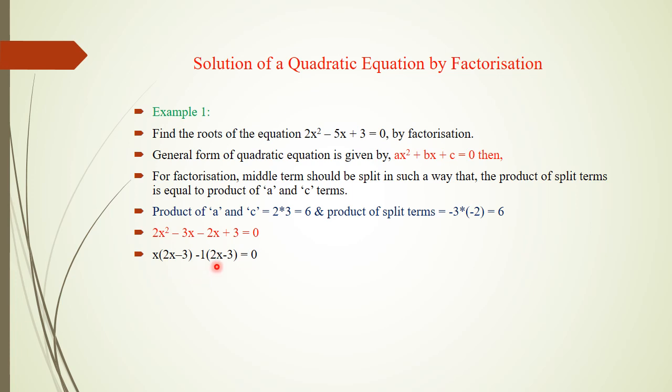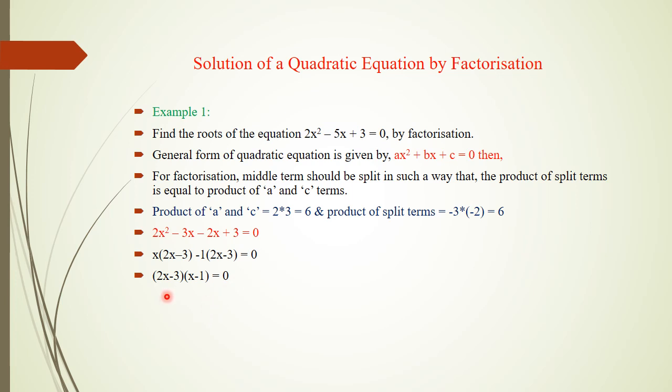Among these two terms, again, you can see that 2x minus 3 is common. In that case, if I take 2x minus 3 outside, inside bracket I will have x minus 1. If you solve this again by multiplying each term by the other term, again you will arrive at the same equation. That is just solved in a reverse manner.